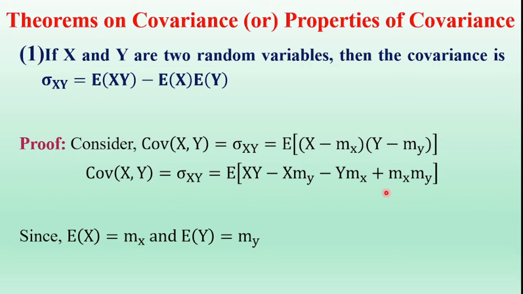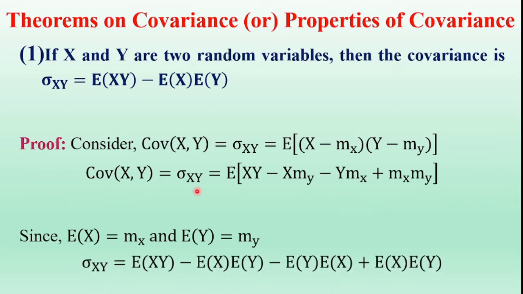Applying expectation to each term on the RHS, we get covariance of x comma y is equal to expectation of xy minus expectation of x into my. My is the expected value of the random variable y, so it is also denoted as expectation of y, minus expectation of y into mx. Mx is the expected value of the random variable x, also denoted as expectation of x, plus expectation of mx my.